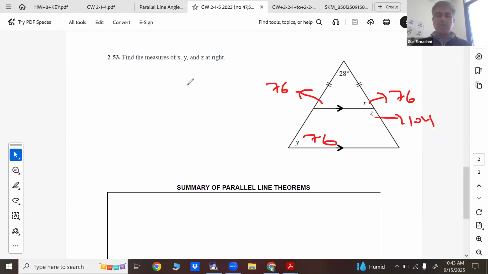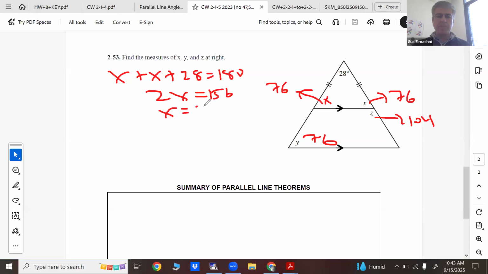Yeah, totally agree. Because you could say this is X. So X plus 28 has to add to 180. So 2X equals 156. Split it, X equals 72. My apologies. Sorry, 152. So that's 76.